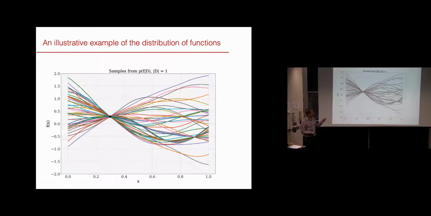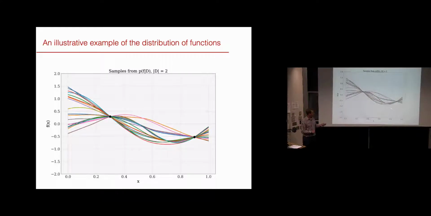Only functions that run through this point that I've observed are possible realizations of this unknown function. I make another observation which rules out all the functions that took different values at this point, and now only a smaller set of functions is consistent with the data. So essentially I see the functions are much more constrained in their variability.